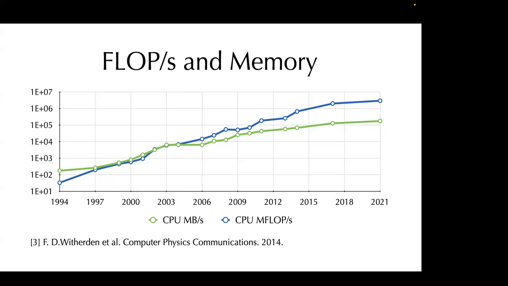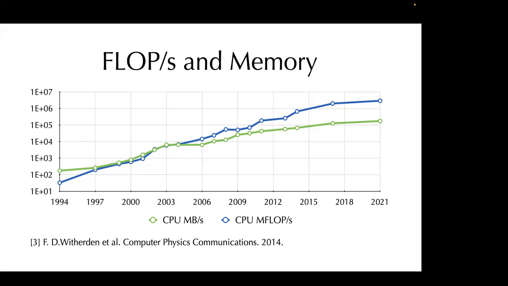And in blue, what we're looking at is the arithmetic capability of the CPU in floating point operations per second. And the key takeaway from this graph is that over the past 30 years, the trend has been that calculations have been getting relatively less expensive than data movement.